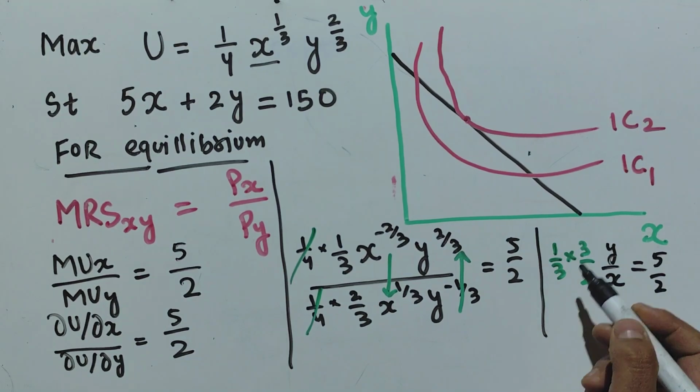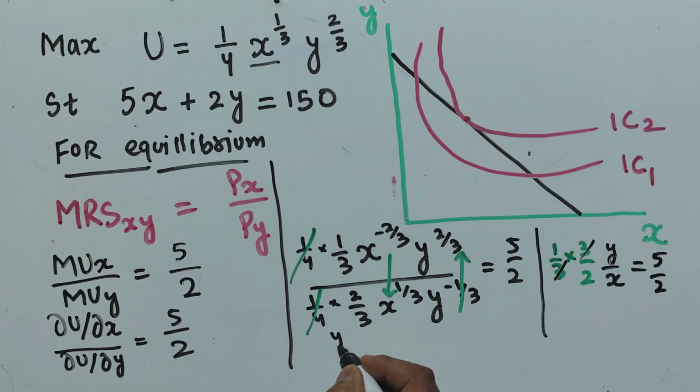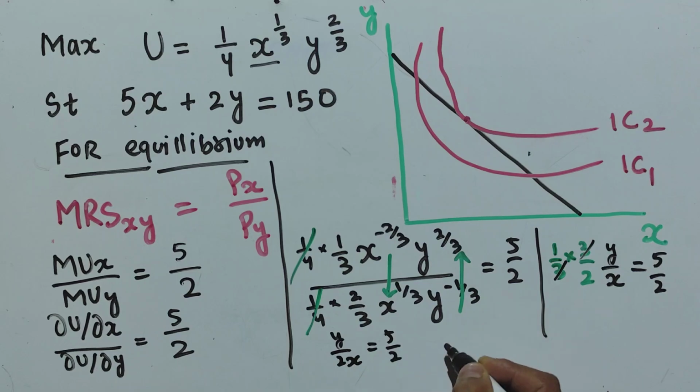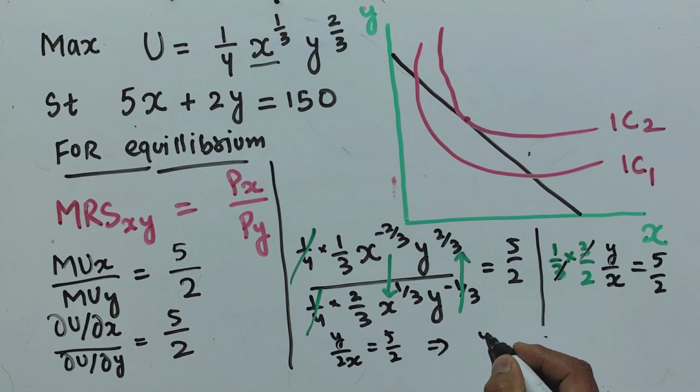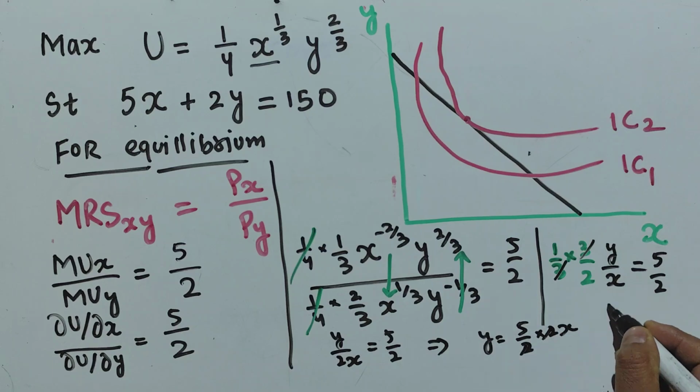Okay, so here 3 gets cancelled, or we will get y upon 2x equal to 5 upon 2, which implies y will be equal to 5/2. Transposing this here, it becomes 2x. Okay, 2 and 2 get cancelled, which gives us y equals 5x.